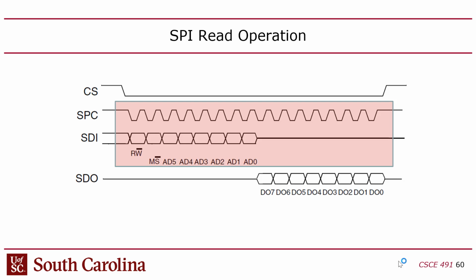So you see something like this where here's a read operation. There are 16 clock cycles. The first 8 clock cycles are sending out some bit that says whether I want to read or write, whether I'm doing a single or a multiple read or write, then the address bits. And then in the second 8 cycles, we just have data coming back and nothing going out anymore, right?